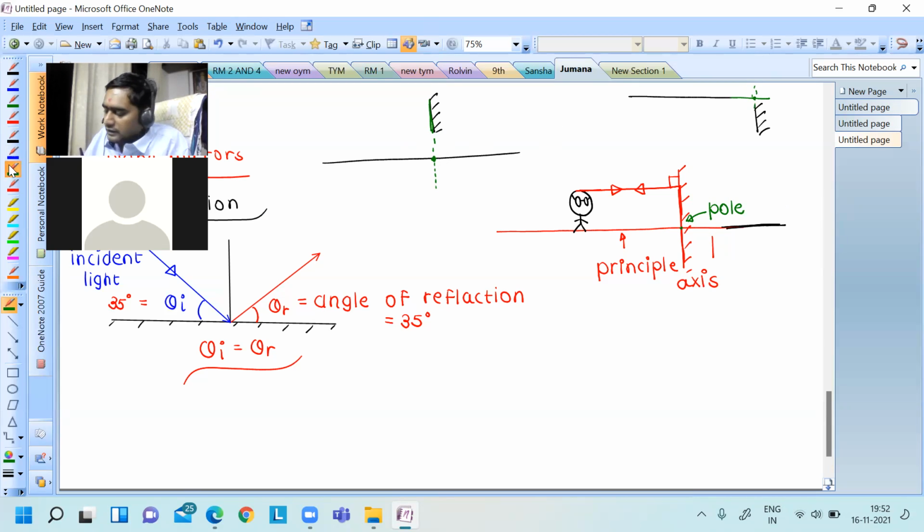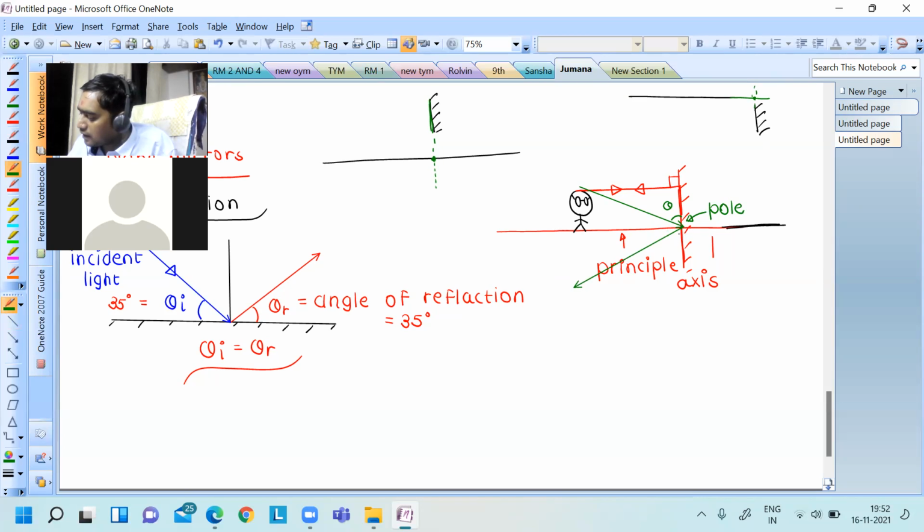So if I send an incident ray to this pole like this, this is called my angle of incidence. If this angle is theta, then at the same angle this light will reflect back. So it is called the reflection.